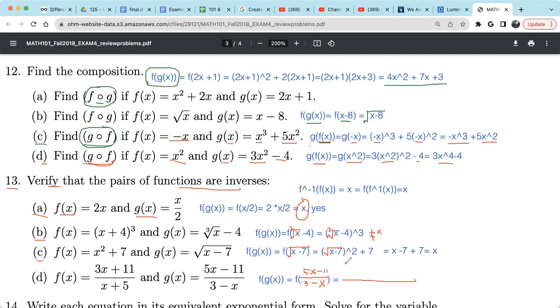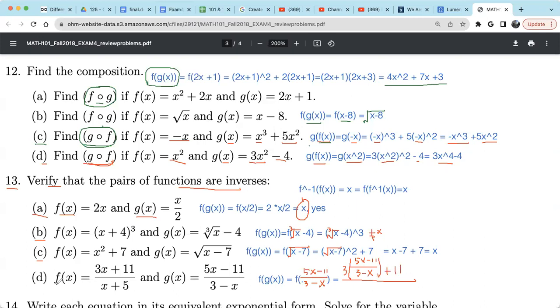First, in the numerator, F multiplies the input by 3, and the input is a big one. The input is (5x minus 11) divided by (3 minus x). Then add 11 to it.